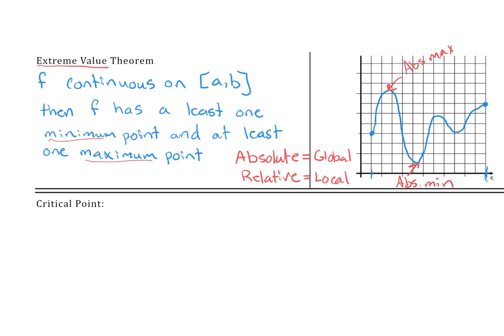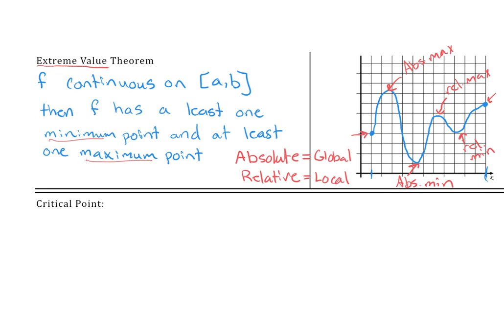And then we've got this would be a relative max and a relative min. And then on a closed interval, these endpoints can also be extrema. Neither of those are the absolute max or min, but this could be a relative extrema.